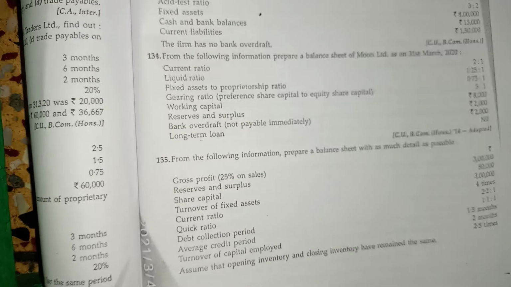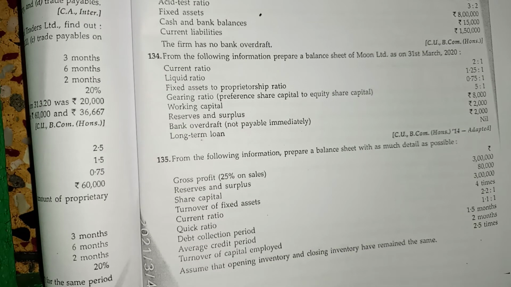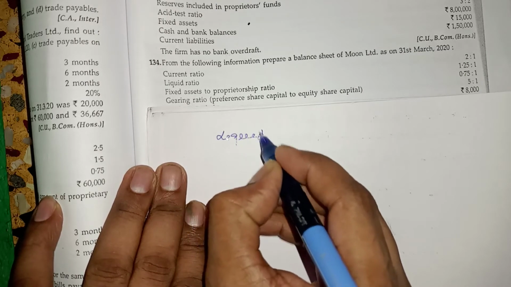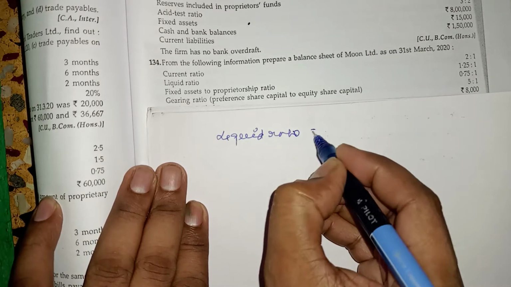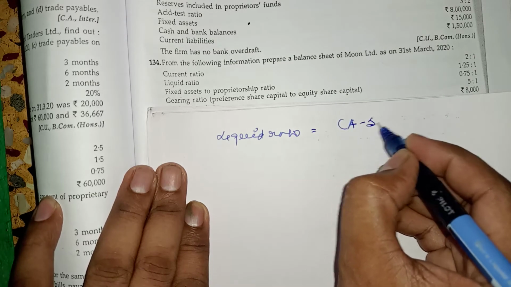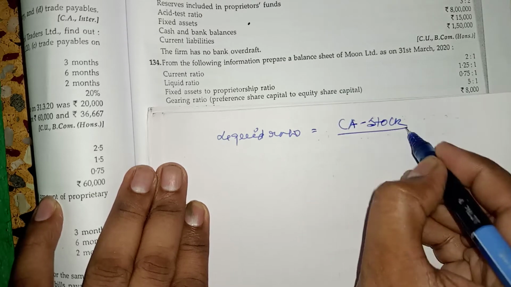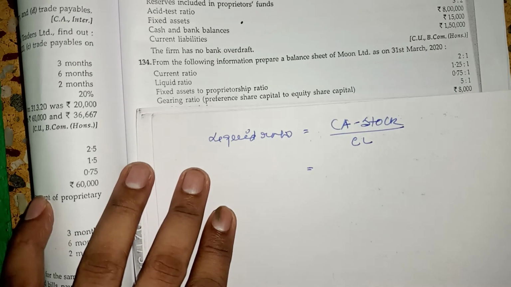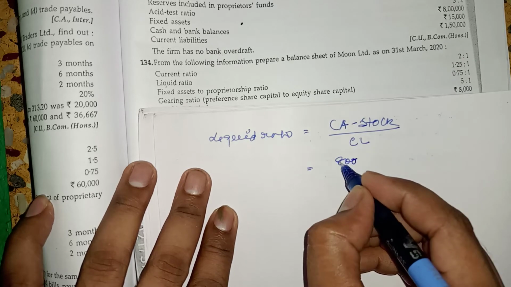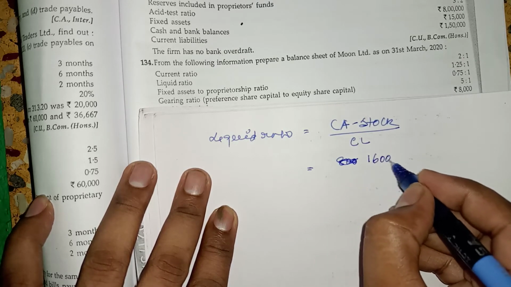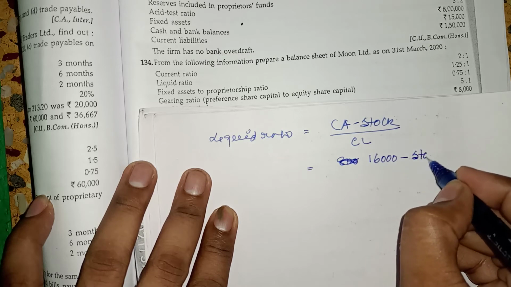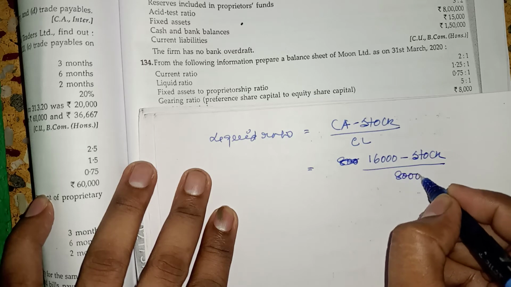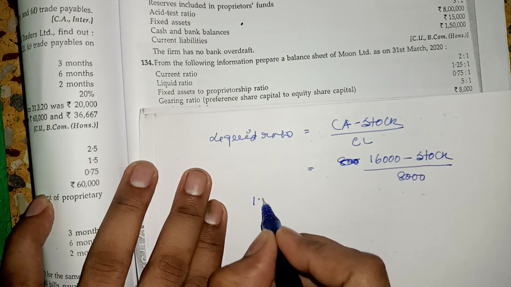Now from the liquid ratio, we know that current assets minus stock divided by current liabilities. So how much do we have in current assets? Current assets we have 16,000. We don't know the value of stock, and the current liabilities is 8,000, and the liquid ratio is 1.25.